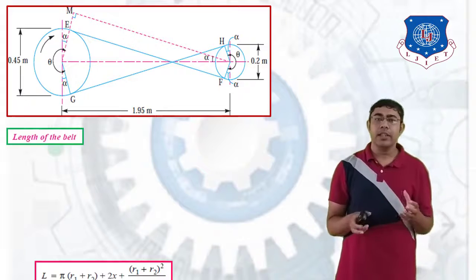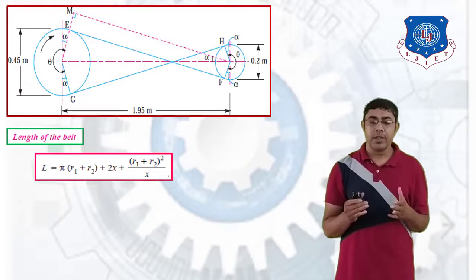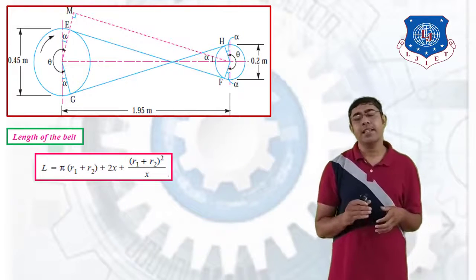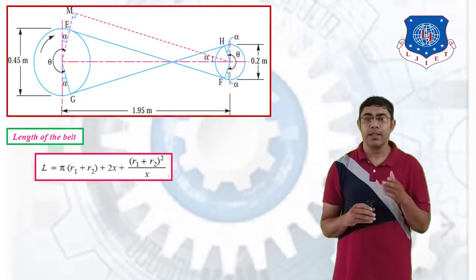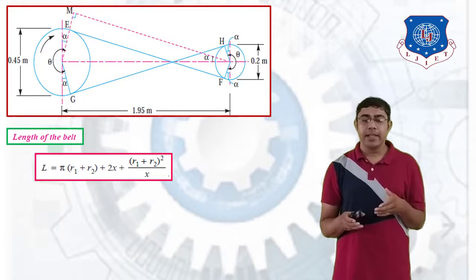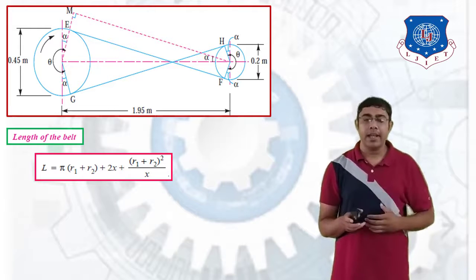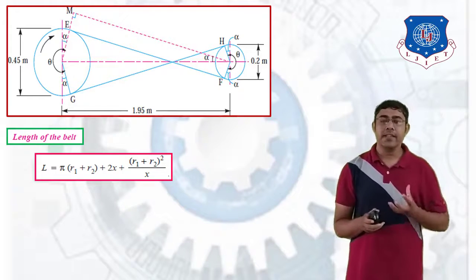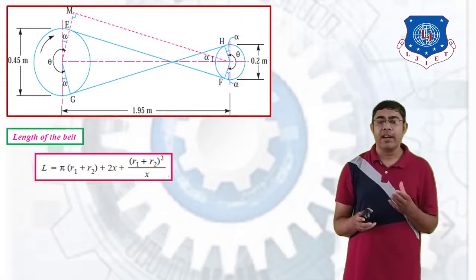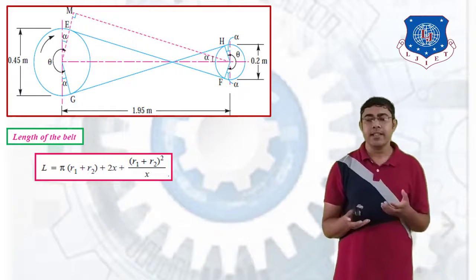We know the equation of length of belt in terms of radius: L is equal to pi into (R1 plus R2) plus 2x plus (R1 plus R2) whole squared divided by x. In this equation we place the values of R1, R2 and center distance x.